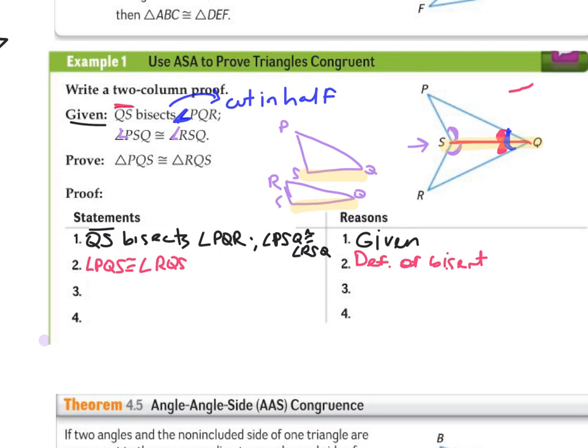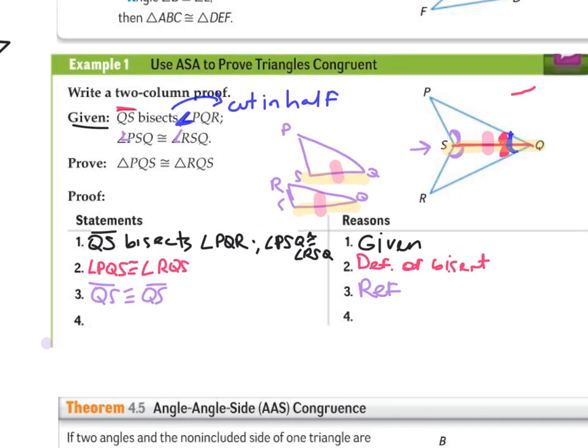Since they have a shared side and it's in the same corresponding position, this is congruent. So for my third statement, QS is congruent to QS because of the reflexive property. If a mirror was to sit on top of that line, it could be the same line. So this line here is reflexive.